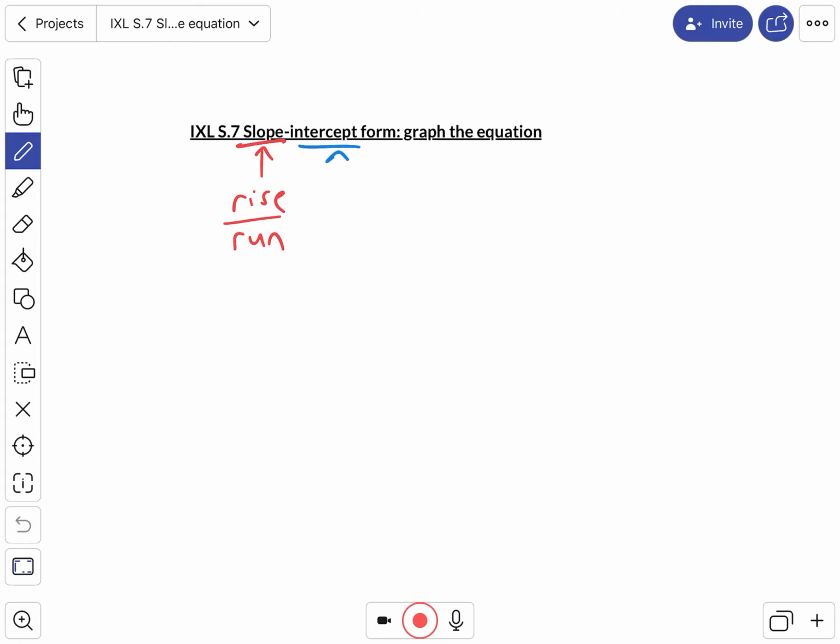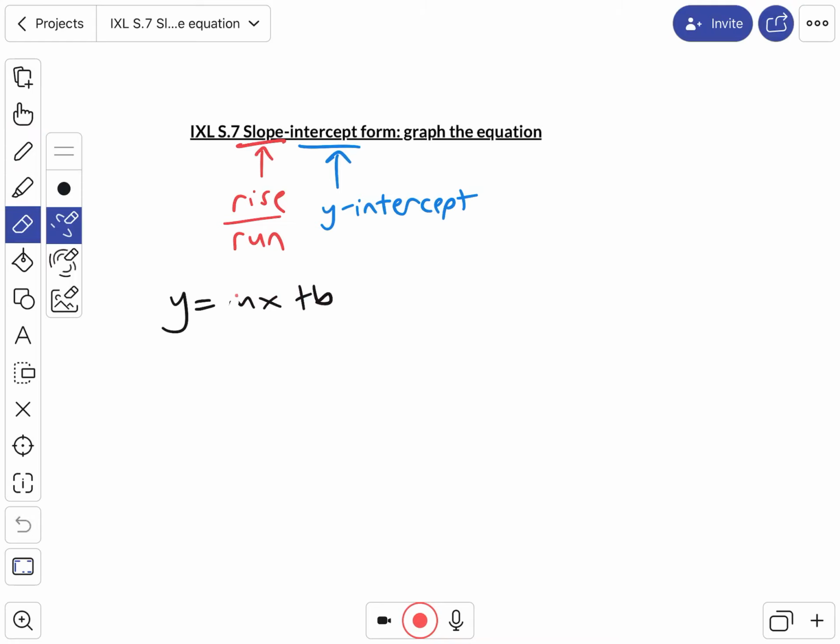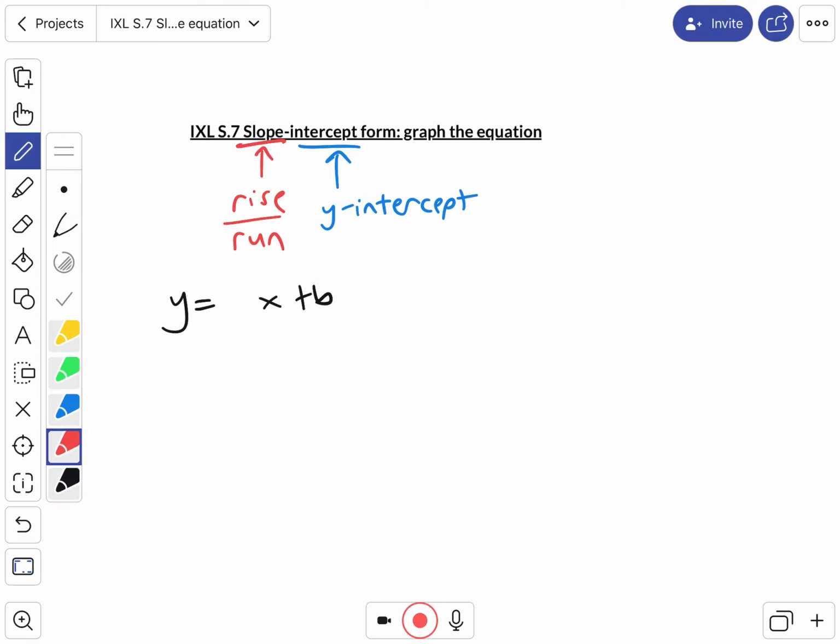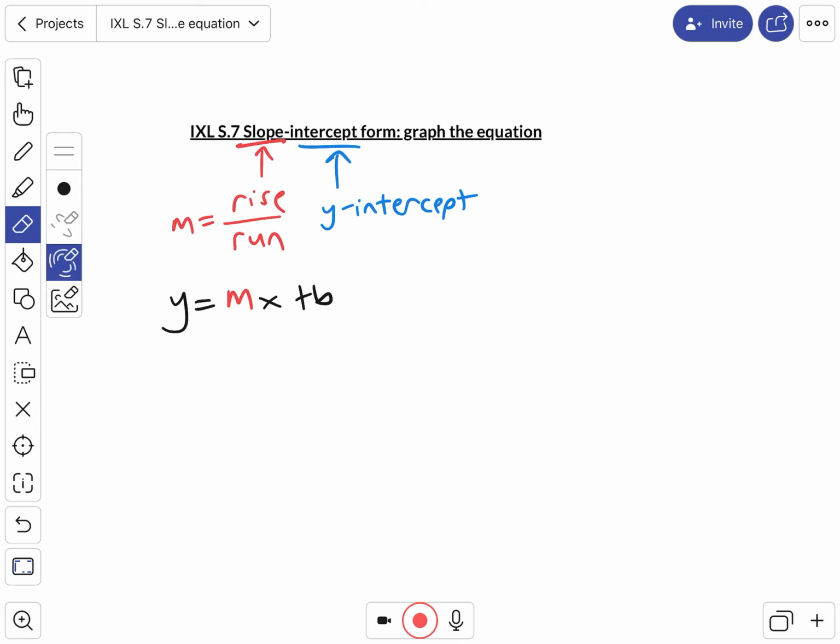And so when you have the slope-intercept form of an equation, they usually call it y equals mx plus b, where m is the slope, which is rise over run, and b is the y-intercept, which is where the graph crosses the y-axis, so that's called b.